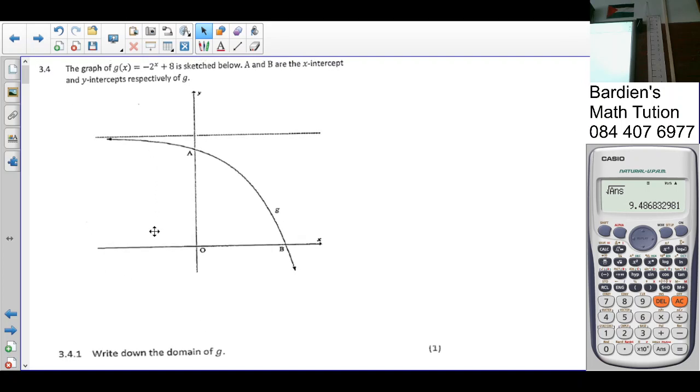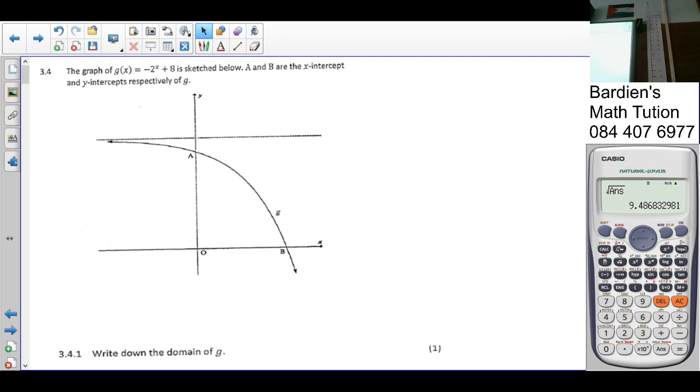Right, so question 3.4. The graph of g of x equals negative 2 to the power of x plus 8 is sketched below.